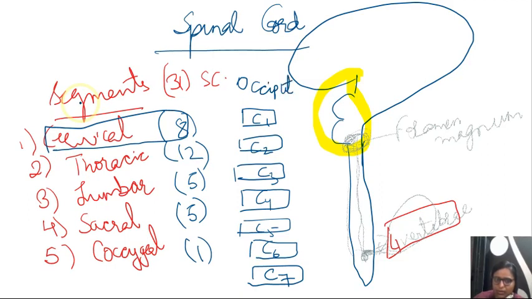So your first cervical segment is exiting or emerging from between your occiput and your first cervical vertebra. Fine. So this is your first cervical segment. Likewise, this is C2, C3, C4, C5, C6, C7 and C8. Done. Now you understand why we have the 8 cervical segments? Yes. Is it clear now?